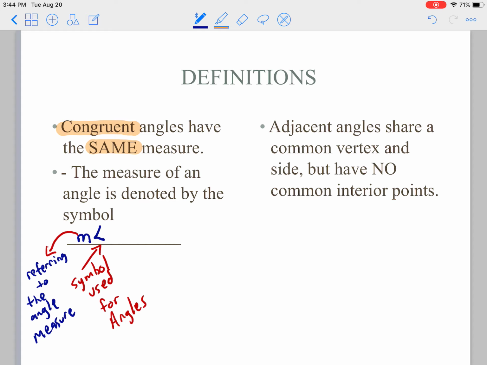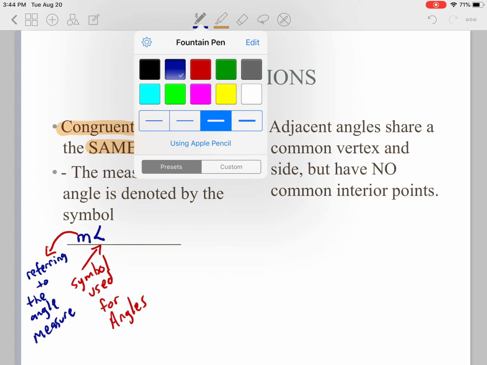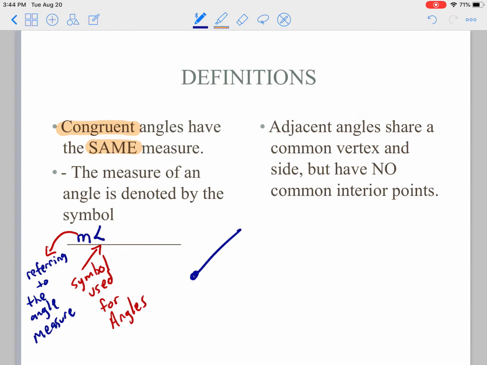And so an example would be, if I were to draw an angle once again, and I'm going to use the same notation before.